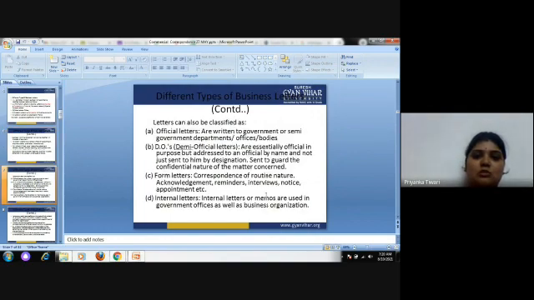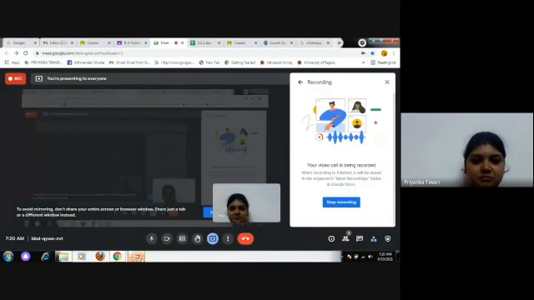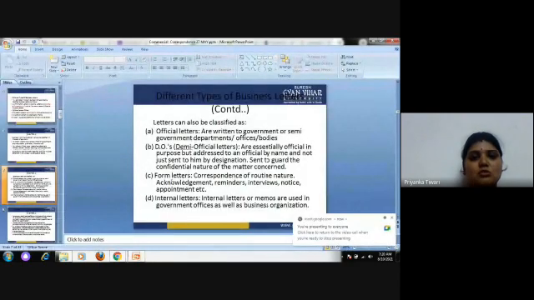Letters can also be classified as official letters, which are written to government or semi-government departments and official offices. Semi-official letters are essentially official in purpose but addressed to an official by name and not just by designation, to guard the confidential nature of the matter concerned.